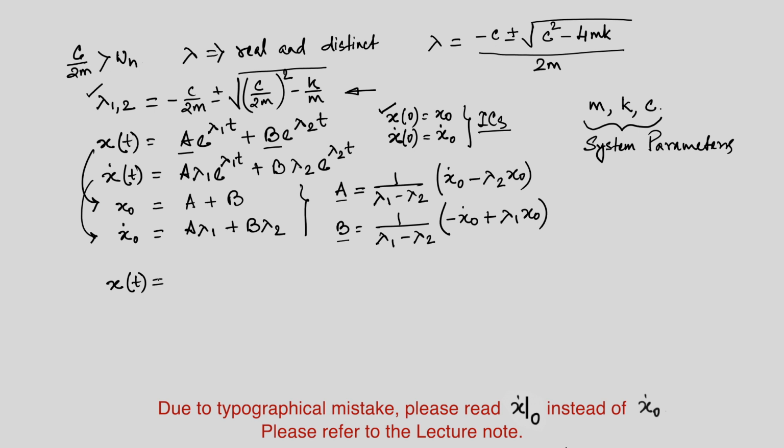Recall, this is the complementary function, that is, it is the solution corresponding to the homogeneous part of the differential equation. That means the right hand side of the equation is 0.